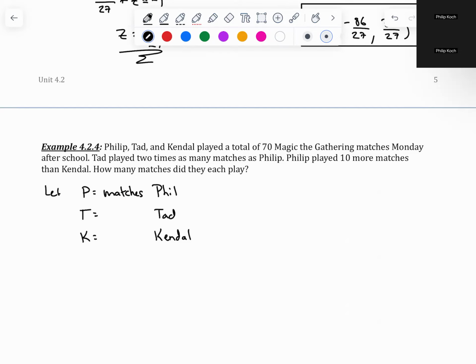This statement right here, the fact that they played a total of 70 games of Magic, and we're assuming they're just sweeping the field. They're not playing each other. They're just trying to dominate all the young kiddos who are playing at the school as well. And then convincing them to trade them their Jester's Cap for a really stupid card or Black Lotus, get that $10,000 Magic card if you can.